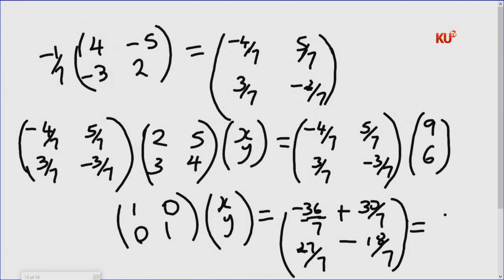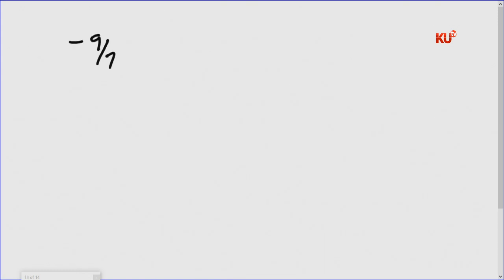Then 27 over 7, we minus 18 over 7. And so let's then work out this one.